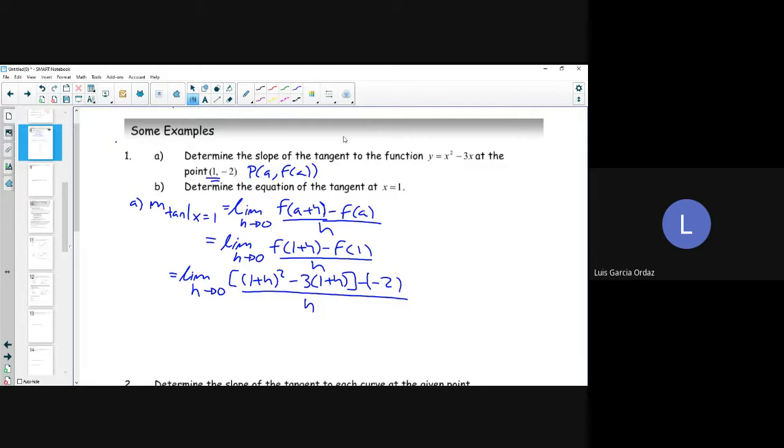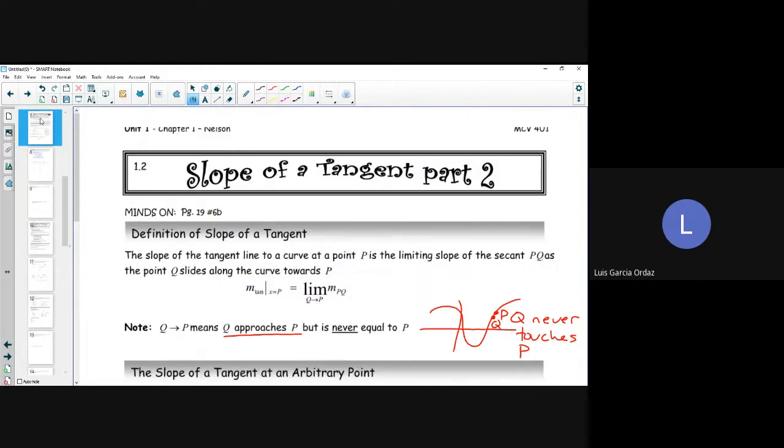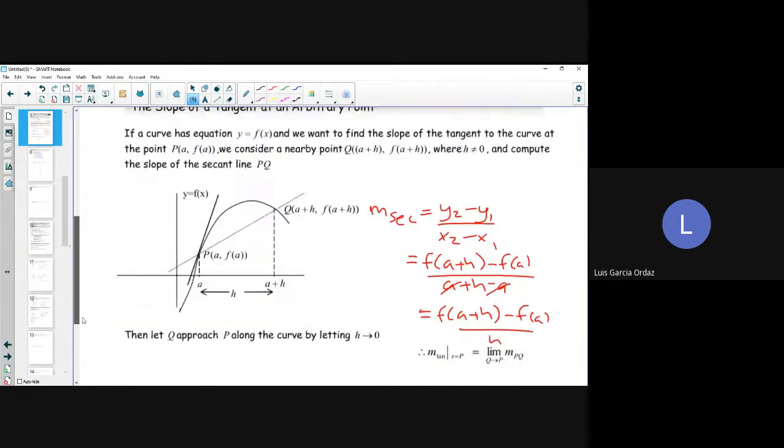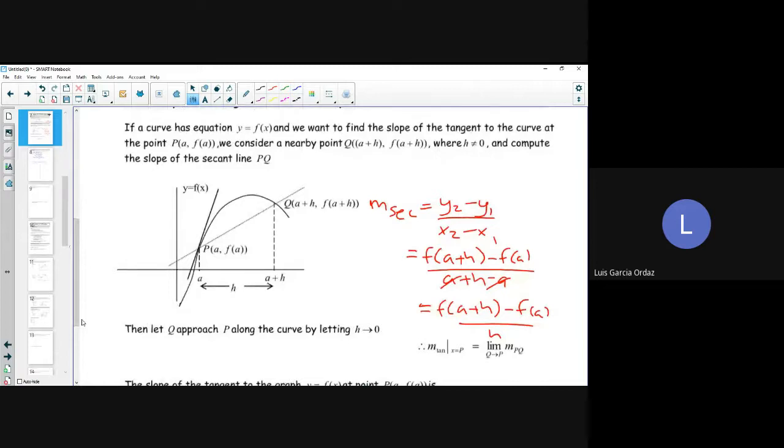So a became 1 because of the rule that I talked about in the beginning. If you want to find the slope of the tangent to the curve at a point, our point is written as P of A, comma, f of A. So the x value of the point that we want to find the tangent at is referred to as A, and the y value is referred to as f of A because we're finding the value of that function at that specific A value.